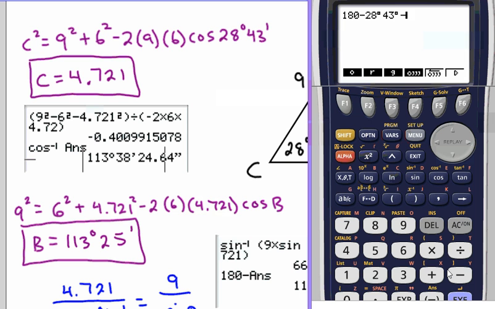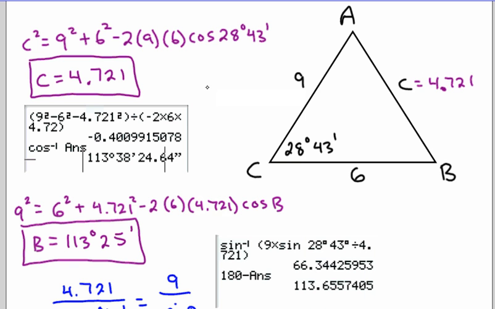Then minus, we figured out B is 113 degrees, 25 minutes. So angle A turns out to be, whoops, put that back, convert it. Angle A turns out to be 37 degrees, 52 minutes.